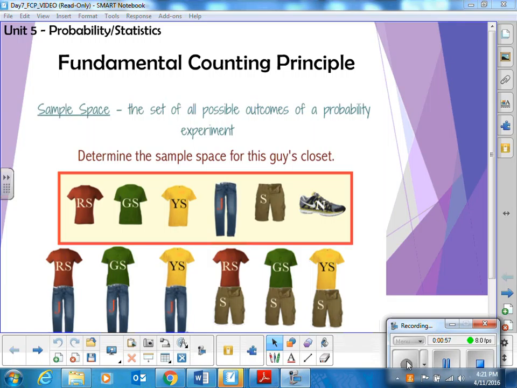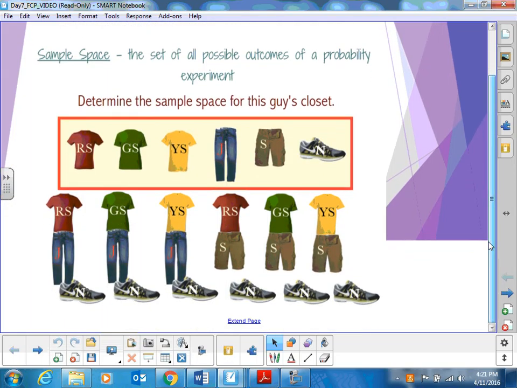So if you look at this nice little example that we've got going on, in this box, we've got 3 different shirts. You've got a red shirt, a green shirt, and a yellow shirt. We've got 1 pair of jeans and 1 pair of shorts, and you've got a pair of tennis shoes. So how many different outfits could we make based on those combinations?